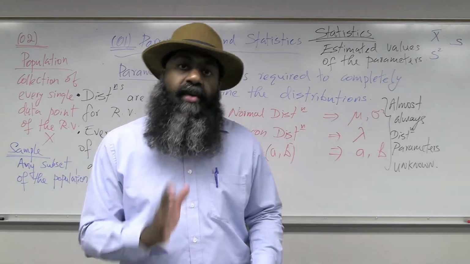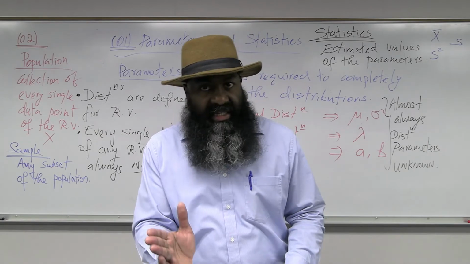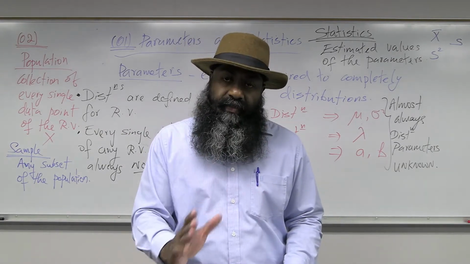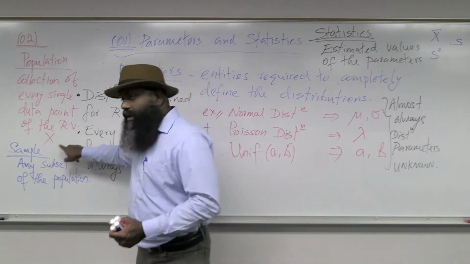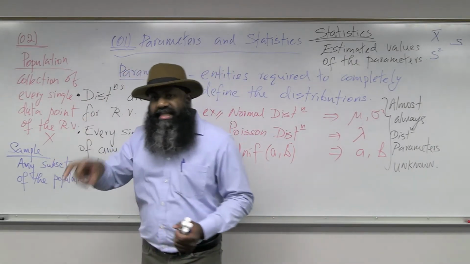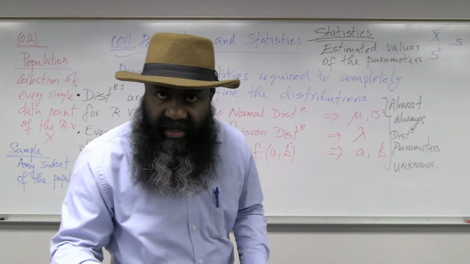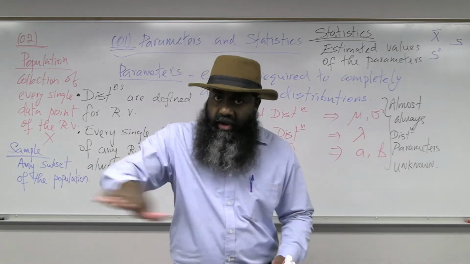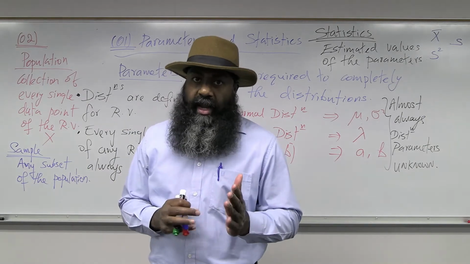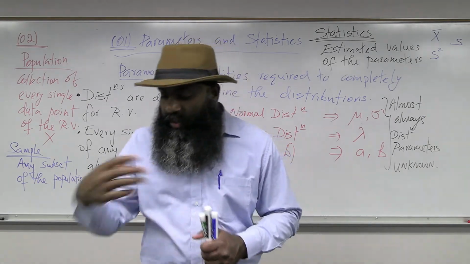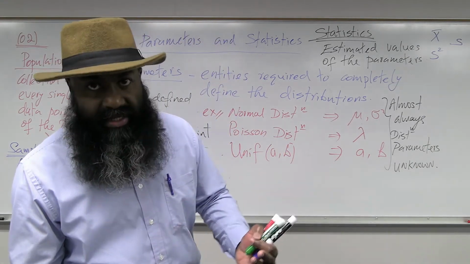So first we have to see what are the homogeneous and heterogeneous populations. A homogeneous population means with respect to your random variable, every single subject of the population can be considered uniform or homogeneous. Now that part can be more easily understood if I also talk about the heterogeneous populations.